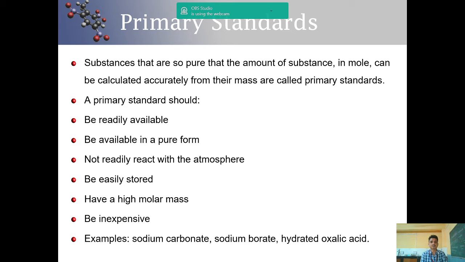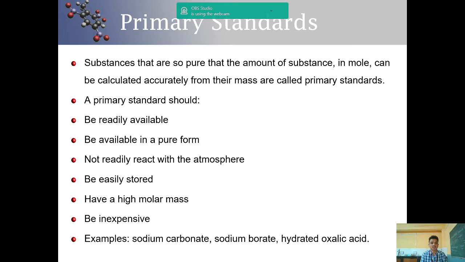This type of question may be asked in your exam, so you have to be ready for that. The definition of standard substances you have to write in your notebook, and you have to write all the requirements of primary standard substances. That means readily available in pure form, should not react with the atmosphere, and can be easily stored in the laboratory.